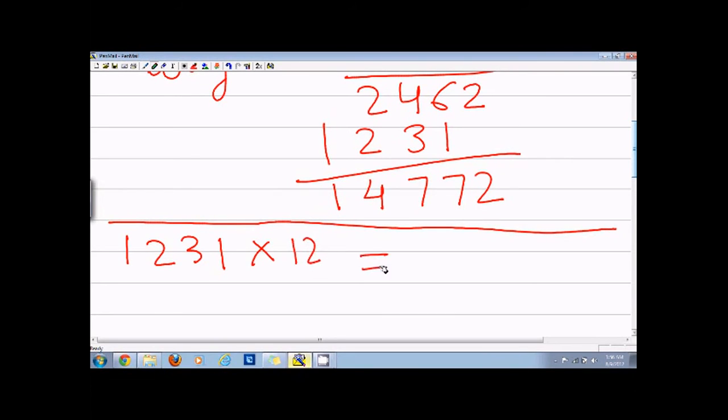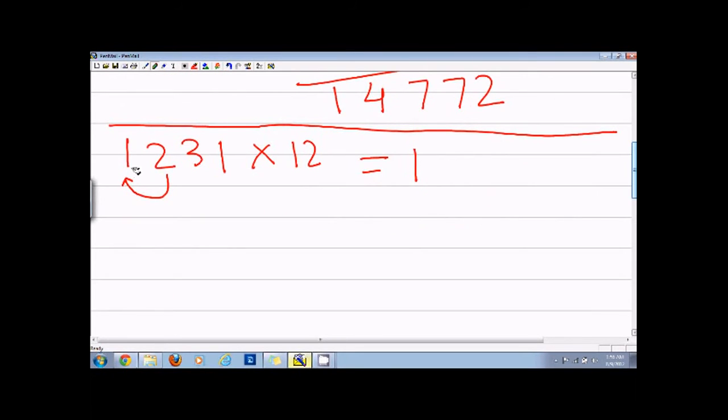First I write 1, and then I add 2 into 1, but instead of adding it one time I will add it two times. So 1 into 2 plus 2 is equal to 4.